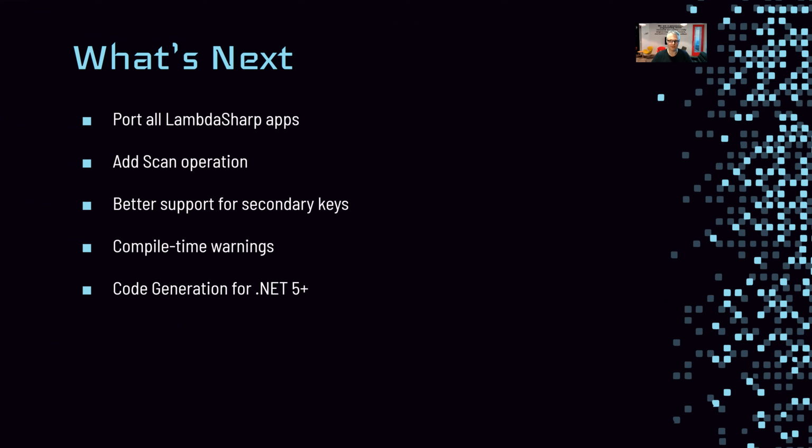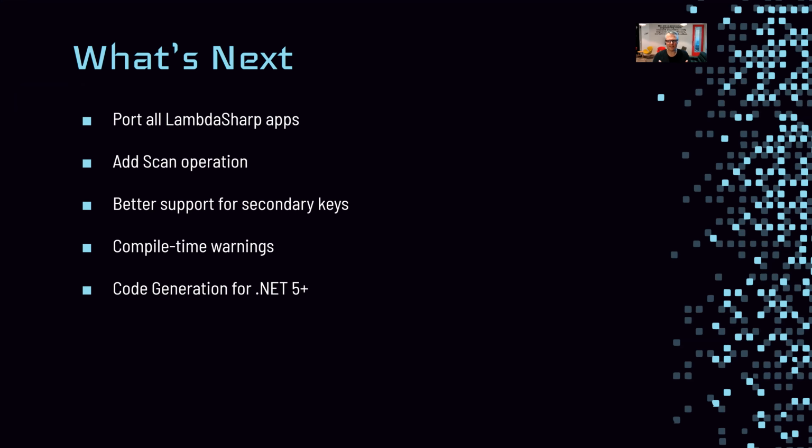So basically, the next couple of weeks, all the samples that we have, especially the more complex apps, we'll be upgrading them, for example, Chat and LambdaRobots. Scan operation, like I said, is not supported. It's fairly simple, but it has a branch out capability for fetching a lot of data. It wasn't comfortable enough for me to implement it without fully understanding it, so I left it out.